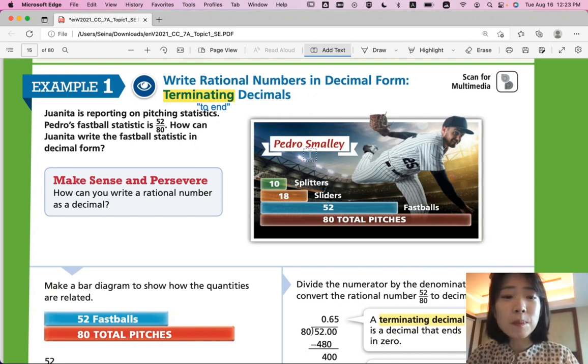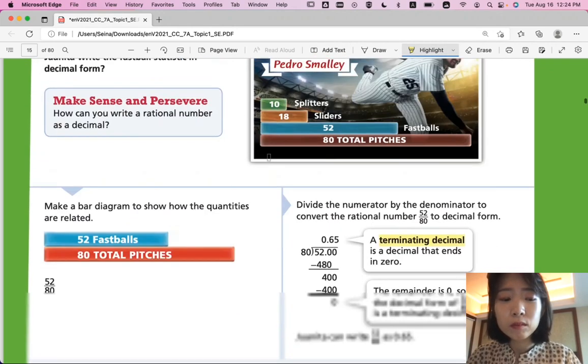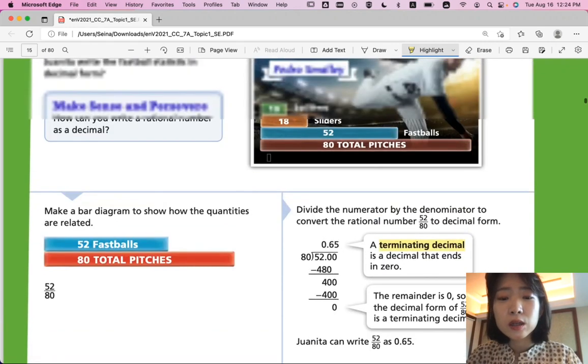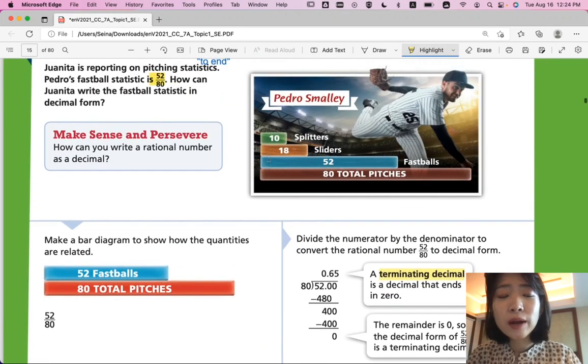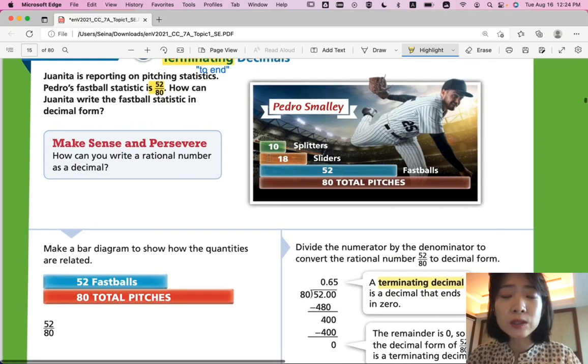Juanita is reporting on pitching statistics. Pedro's fastball statistic is 52/80. How can Juanita write the fastball statistic in decimal form? So how can we write 52/80 in decimal form? In order to write a fraction as a decimal, it's fairly easy.